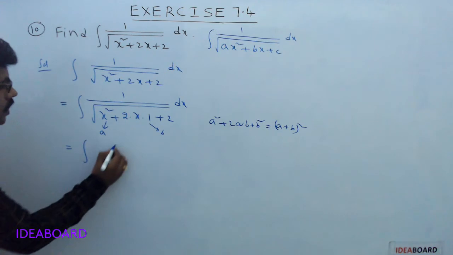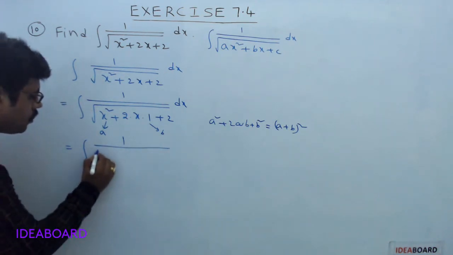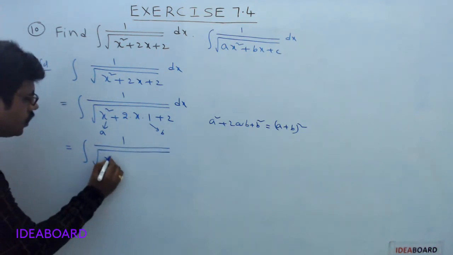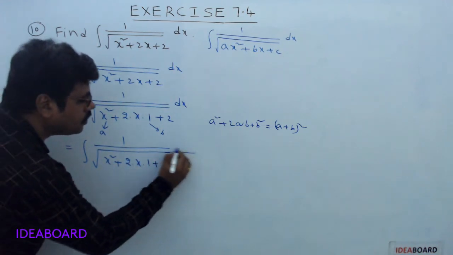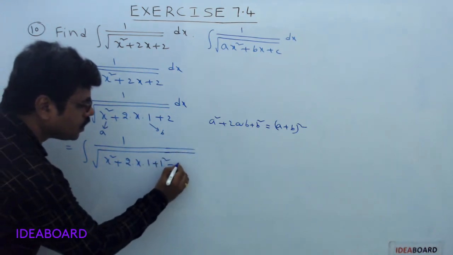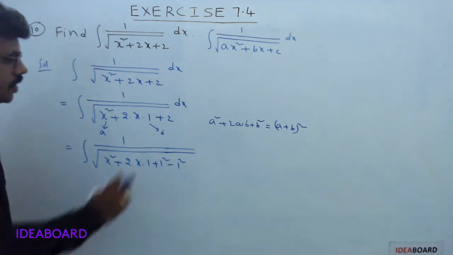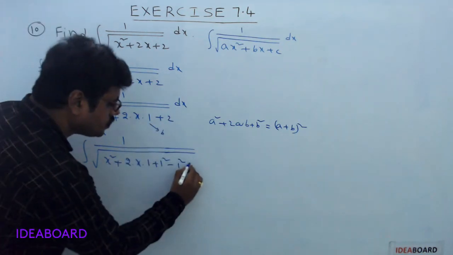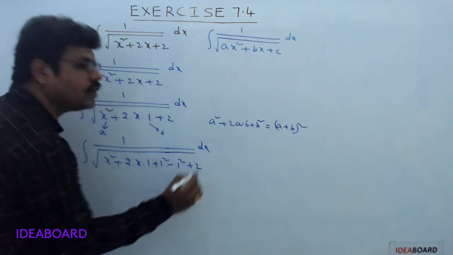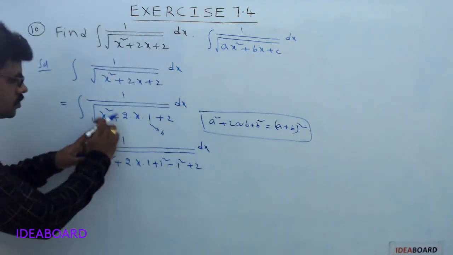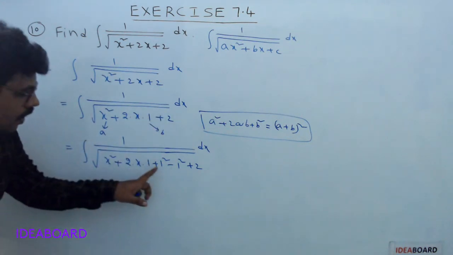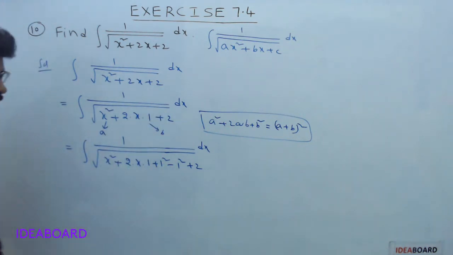Now this is integral 1 divided by square root of x square plus 2 into x into 1 plus 1 square minus 1 square, carry this plus 2 as it is, plus 2 dx. So to convert this expression into a perfect square, I am adding and subtracting 1 square.